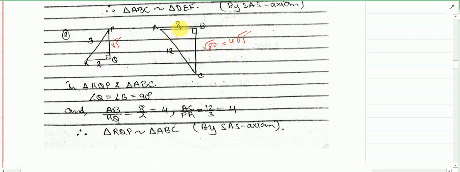So now you can see that the sides which include this angle are AB and BC for this, and RQ and PQ. So you can easily see that angle Q equals angle B, and then RQ is proportional to AB and PQ is proportional to BC. So that way these two triangles are similar.